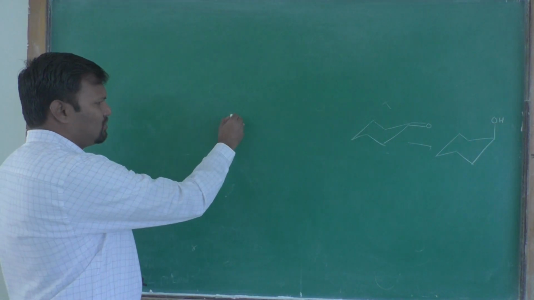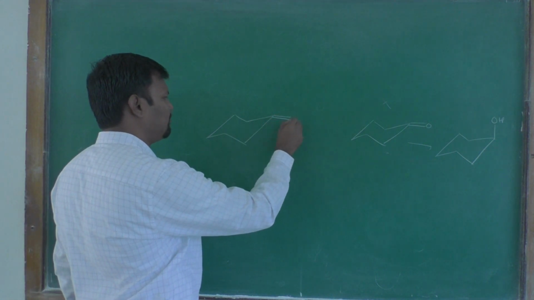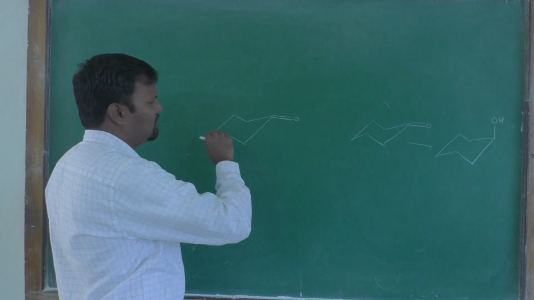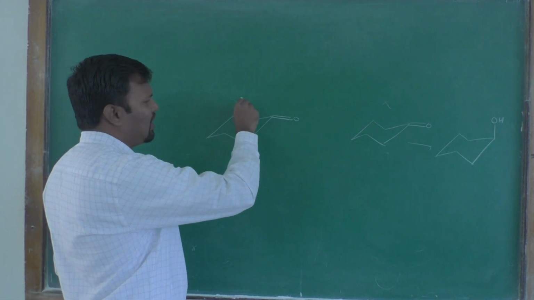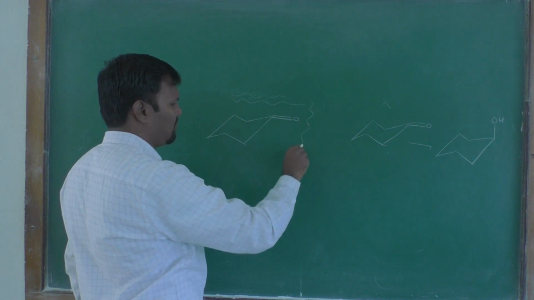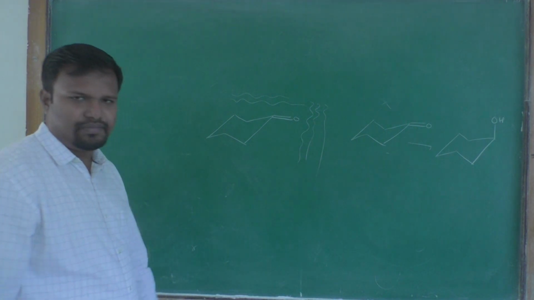Now, suppose we have the cyclohexanone. There is a possibility of catalyst approach from the axial side and a possibility of catalyst approach from the equatorial side.